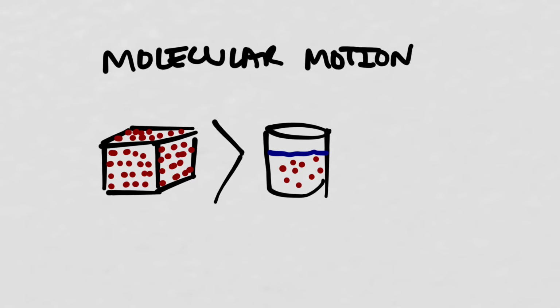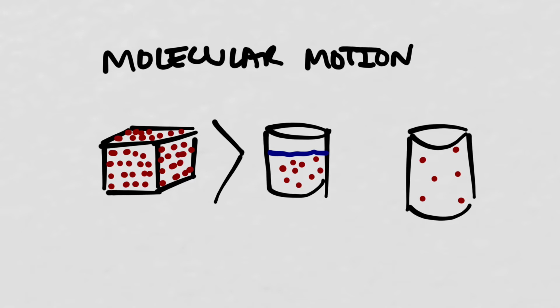Okay, and then let's take one last example. This is also a beaker, and it appears empty, but it's actually full of molecules of gas. And these are even less dense than our molecules of water or our molecules of brick, but they're moving around even faster than our molecules of water and our molecules of steel.